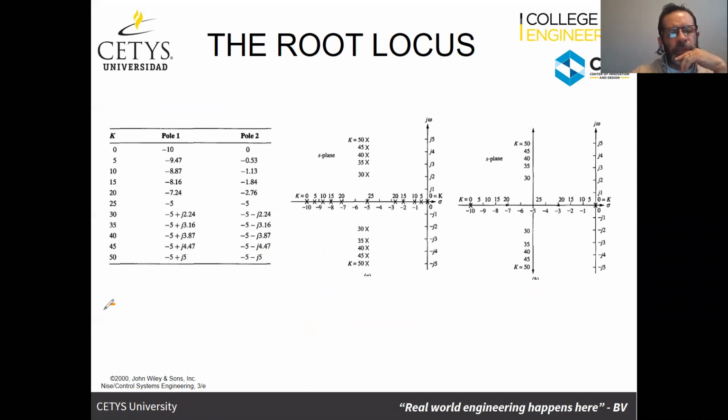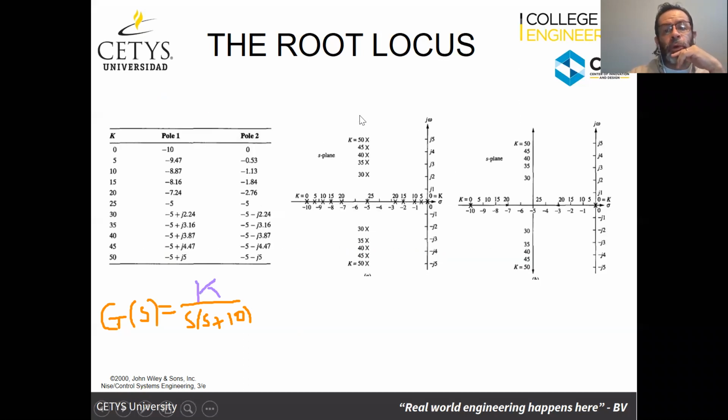So the forward transfer function is going to be K divided by S times S plus 10.